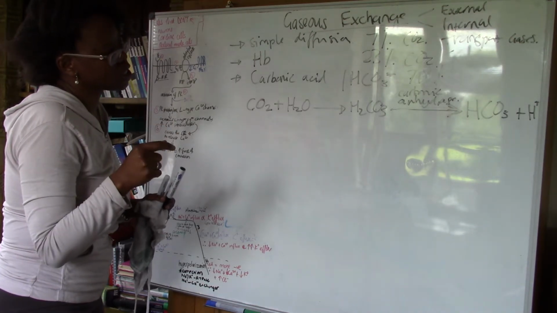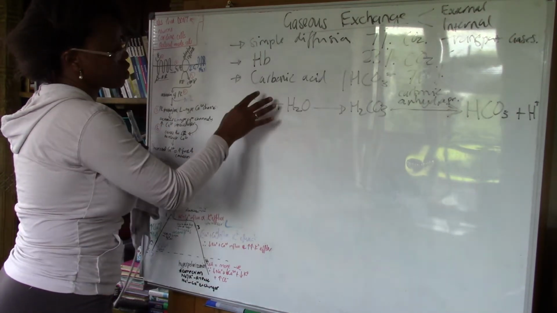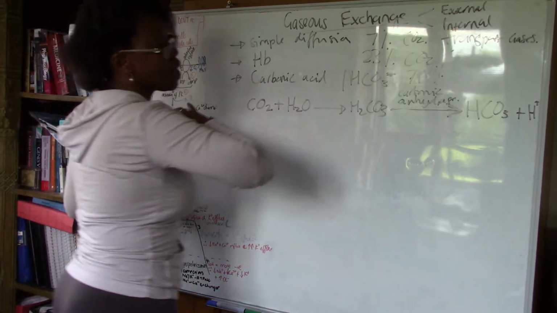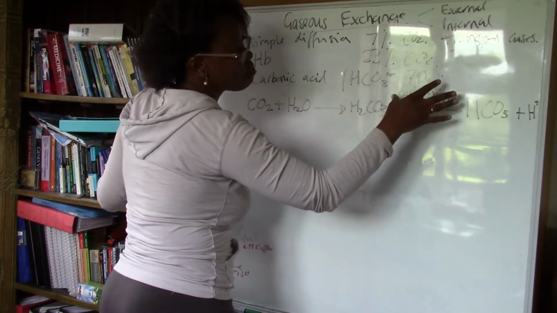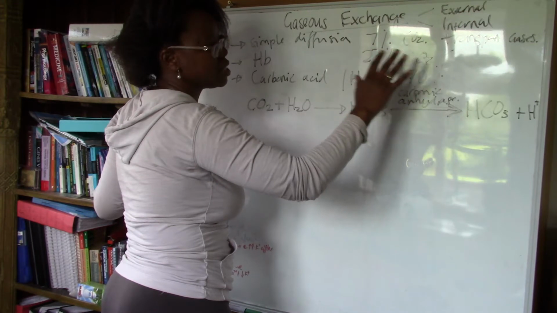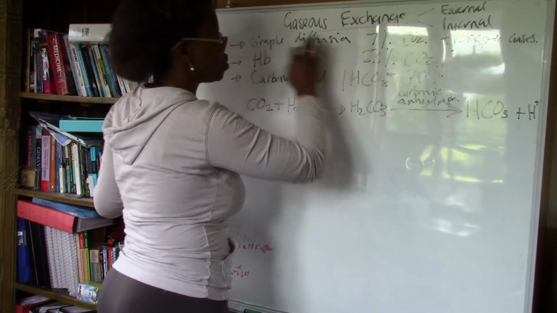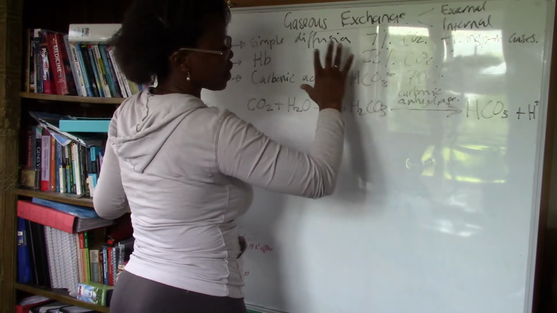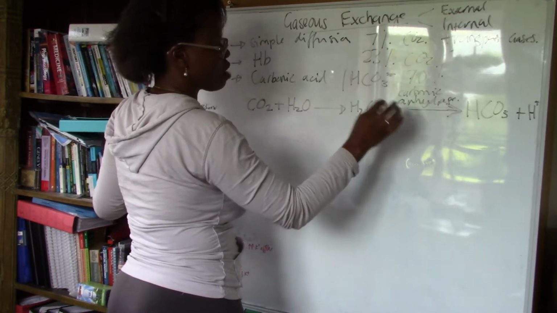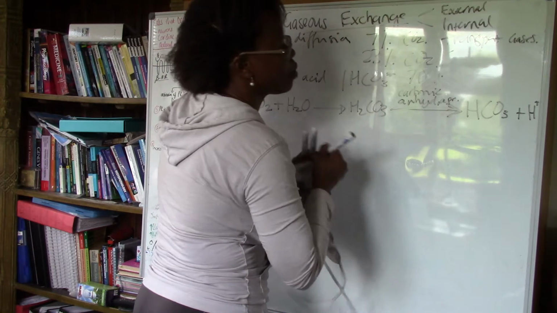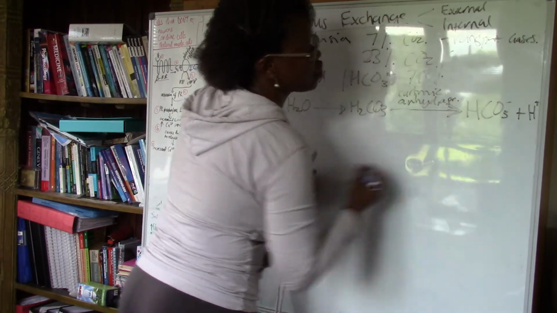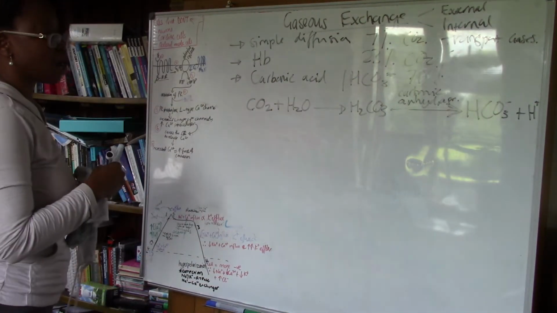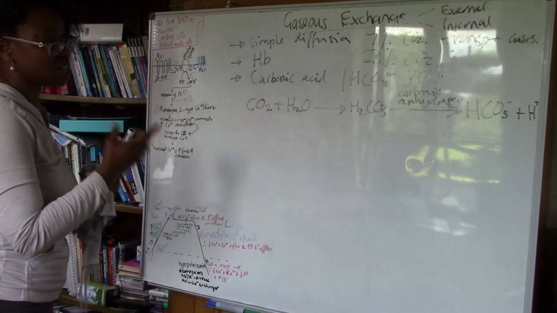And the most important thing to remember is that all the carbon dioxide that's there is immediately converted by this enzyme. This enzyme overrides, as in it's much more dominant than these other two mechanisms. It just overrides everything, takes all the carbon dioxide, converts it into bicarbonate and hydrogen ions, and this is how carbon dioxide is transported.